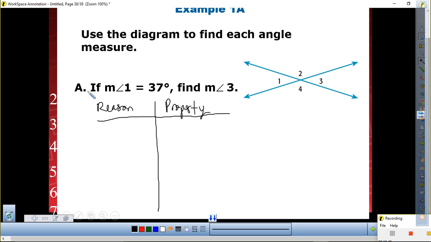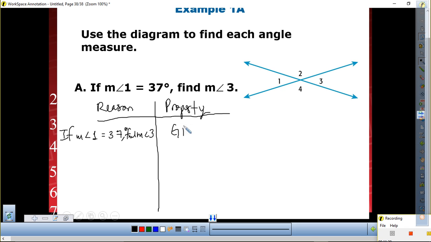So first things first, what did they give us? They gave us if measurement of angle 1 equals 37 degrees, find measurement of angle 3. Where did we get that from? The problem. And where did I get the problem? From Mr. Q. I gave it to you, right?